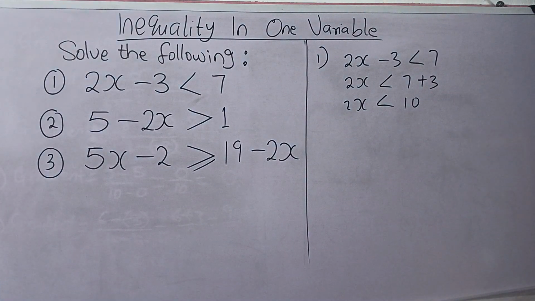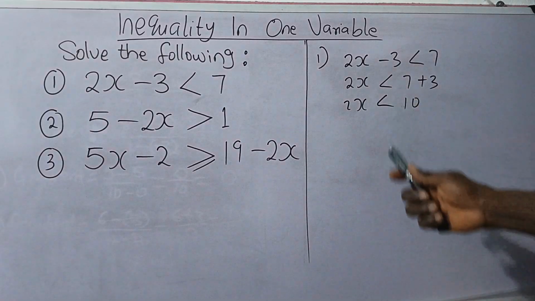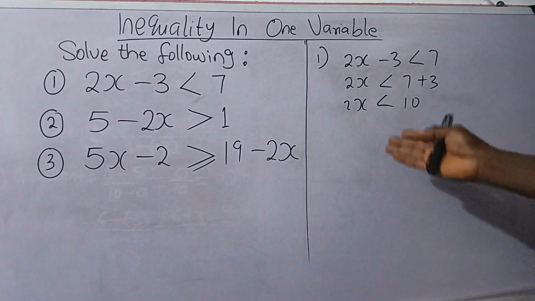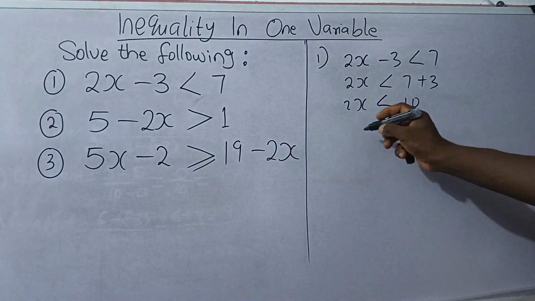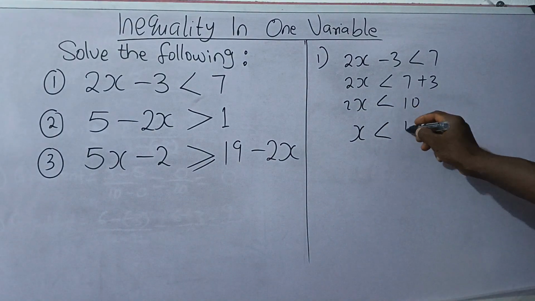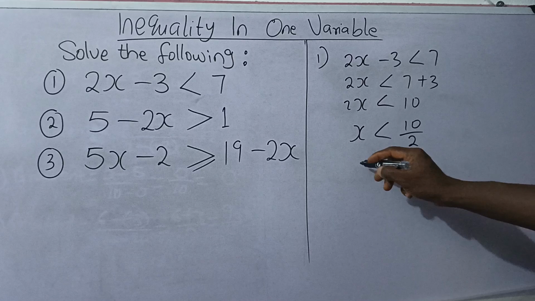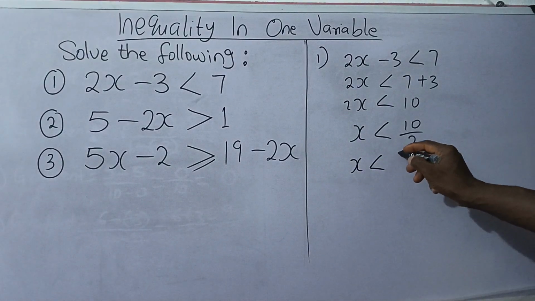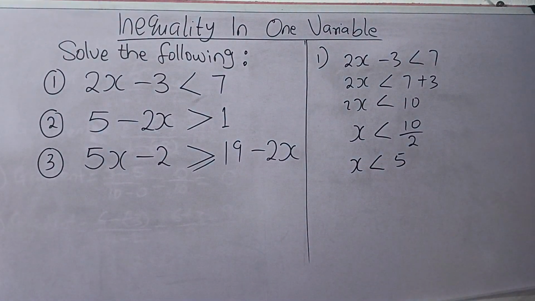So what do we do next? We divide both sides by the coefficient of x. The coefficient of x here is 2. So that becomes x is less than 10 divided by 2. Then x is less than 5. That becomes the solution to this.